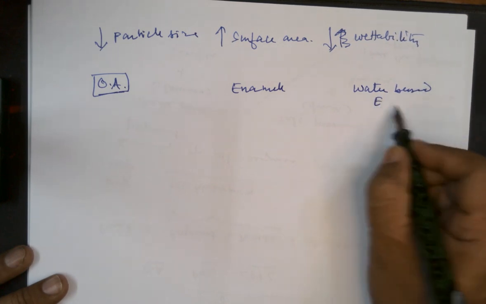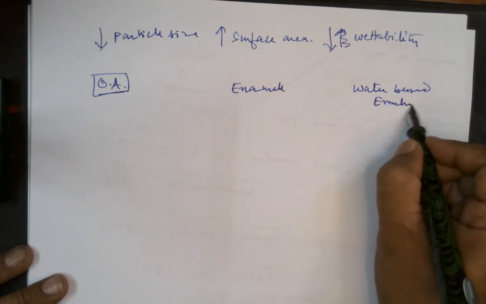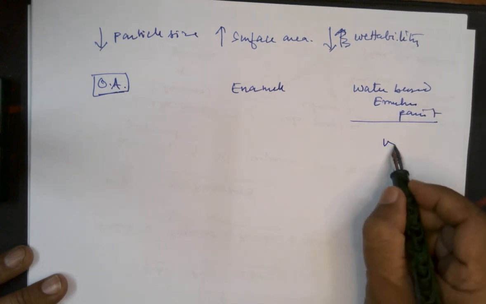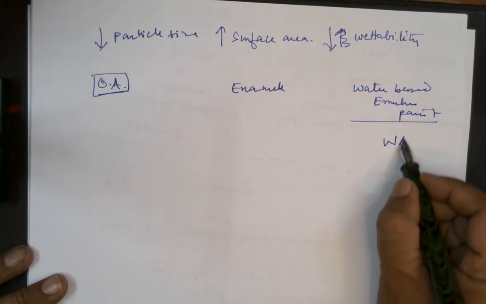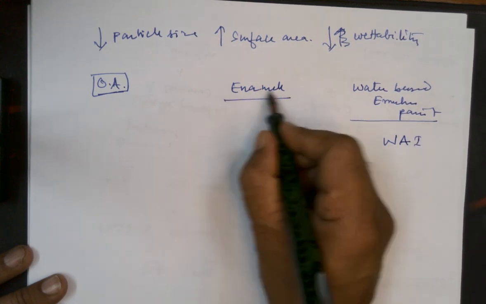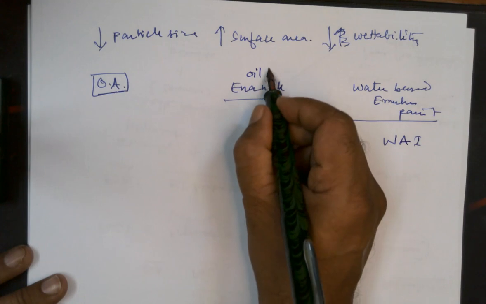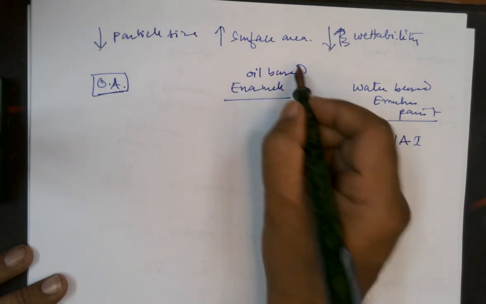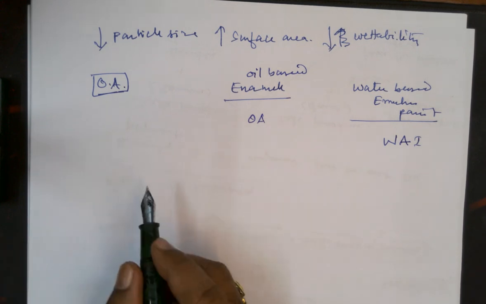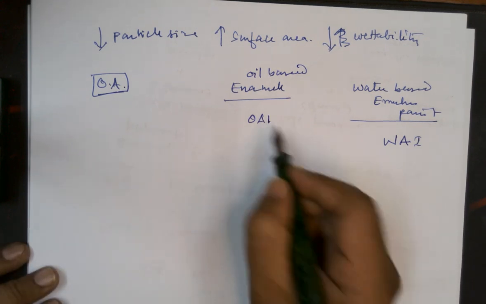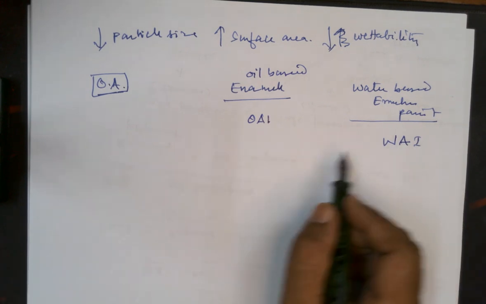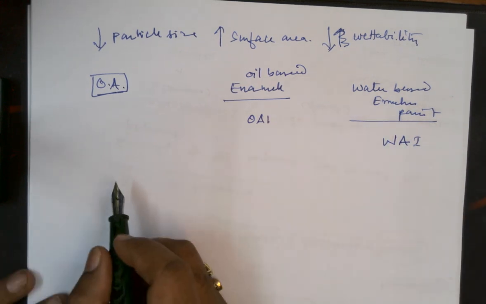In the case of emulsion paint, that is water-based paint, we have to consider the water absorption, usually given as an index. And here, in the case of oil-based enamels, we use the term oil absorption. It is given as a percentage also, or as an index value.